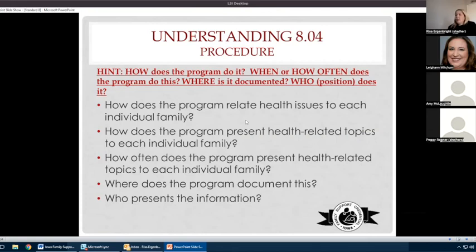So, some of those things might be based on your curriculum. If you've got some curriculum that really has a lot of information about that, those might be things you talk about. Maybe there's a whole section of that curriculum that talks about all those health-related issues, and so in your policy, you could reference that this is where we get a lot of that stuff from. If there's parent handouts or curriculum that you provide to give to families on some interval.